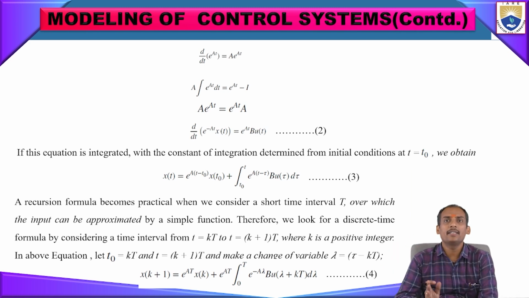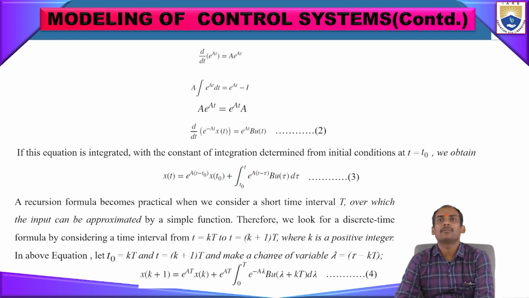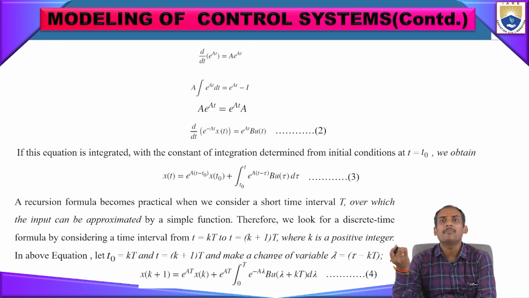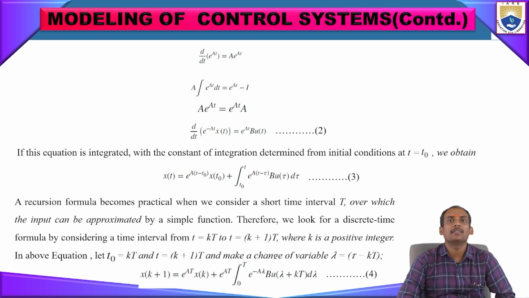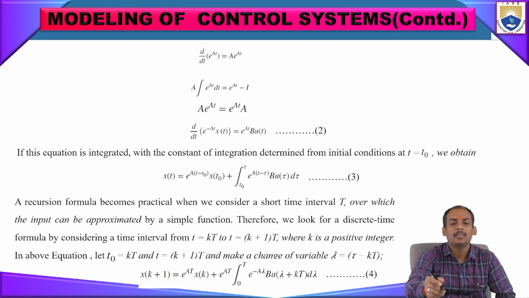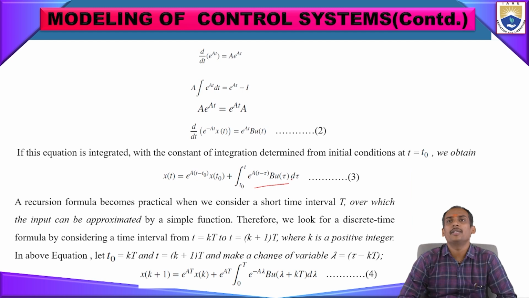So the integration: if you integrate that equation by applying the integrator from t naught to t, having an initial and final condition t naught and t, then if you integrate the above equation, e power A into t minus t naught, plus x of t naught, plus the integral from t naught to t of e power A(t minus tau) into B u of tau.